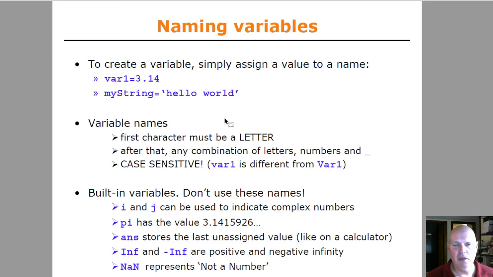To create a variable name, you simply type in the variable name and then assign a value to it. Here we're declaring var1 to be equal to 3.14 and my string to be equal to hello world. Notice that the string needs to be enclosed within single quotes.